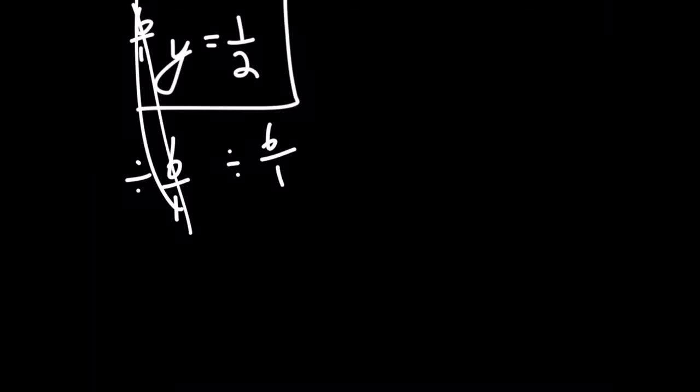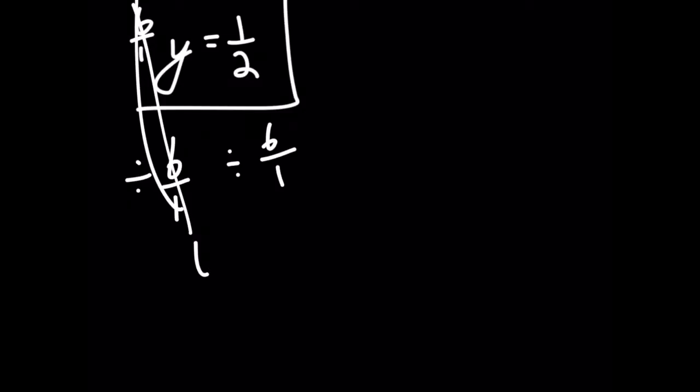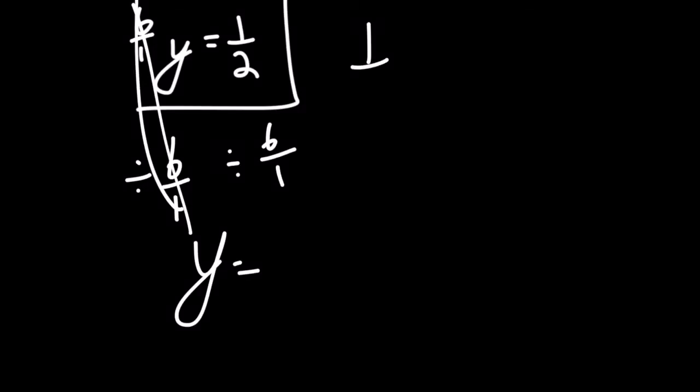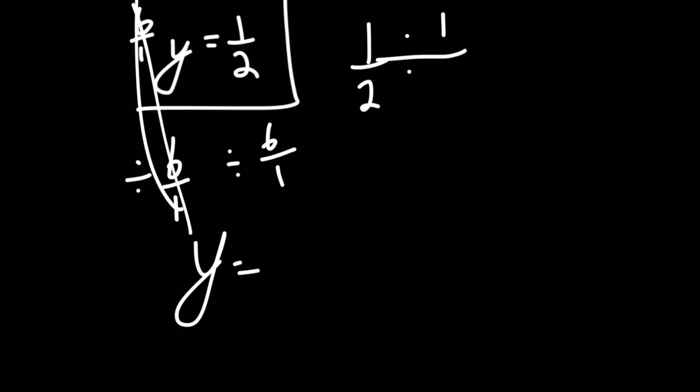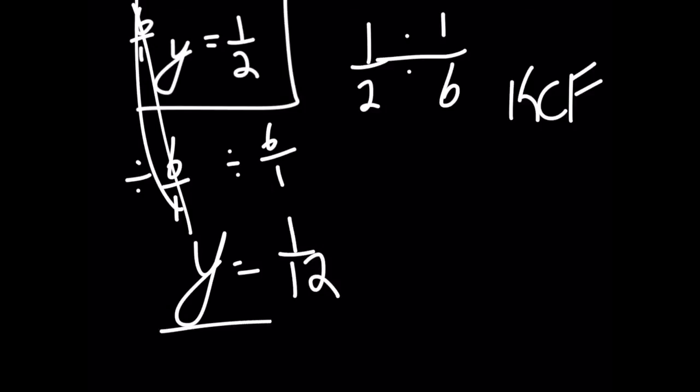So then you have to bring the y down, but when you divide, you have to do 1/2 times 1/6 instead of 6/1 because it's KCF. That means keep, change, flip, flop. And then you can't cross cancel, so that's 1, and this is 12, so it's 1/12, and that's your answer.